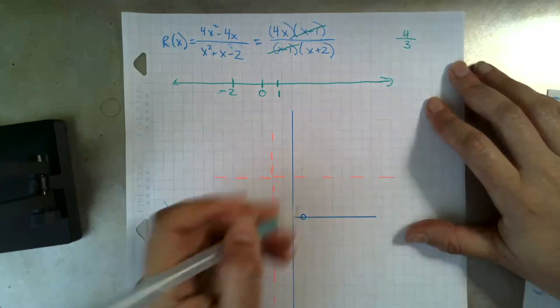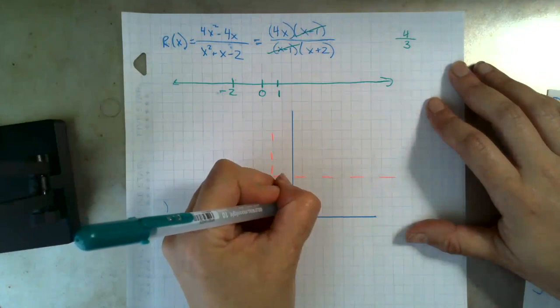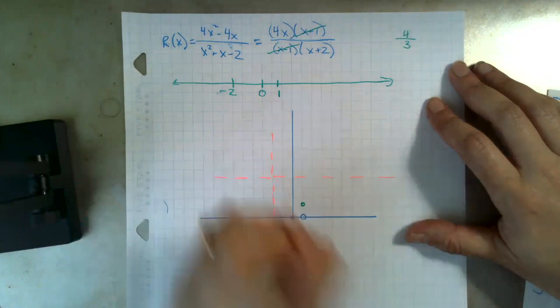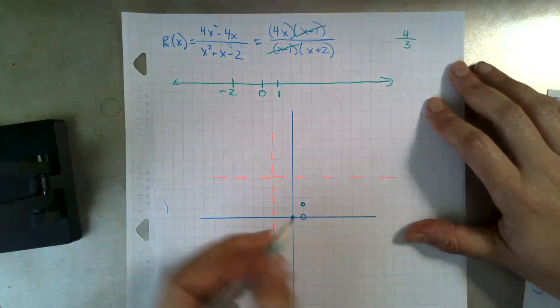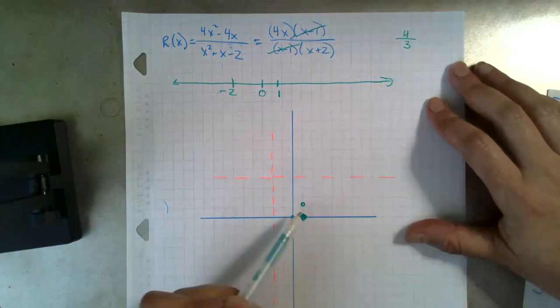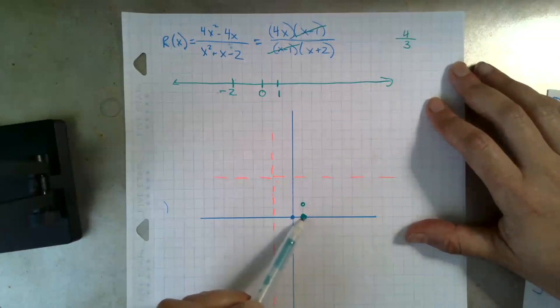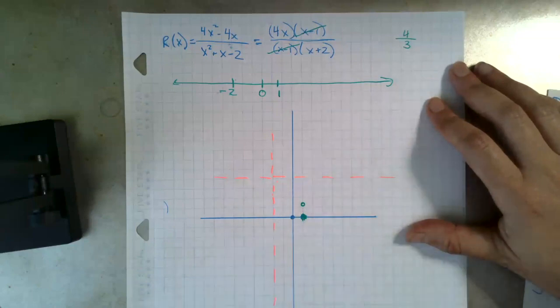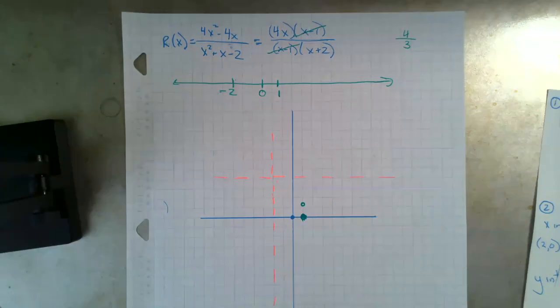So 1 and then 4/3 would be a little bit above 1. So that's actually where our hole exists. We have this here as a placeholder to remind us, but that's where the hole lives, at over 1 up 4/3.